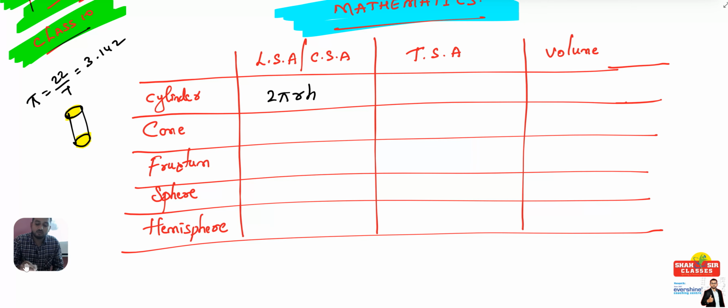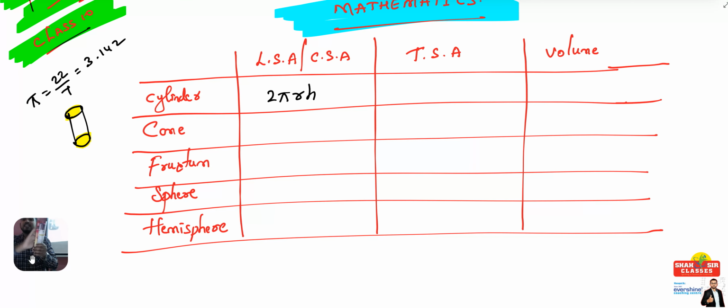You may have taken a book example. Let me show. I have one book in my hand. Can you see? I'll just roll this. Now this is a cylinder. Can you see this is a cylinder? Yes or no? Yes, sir.